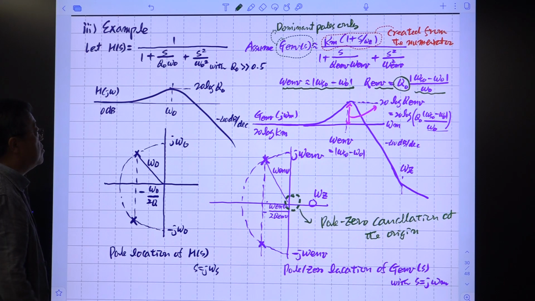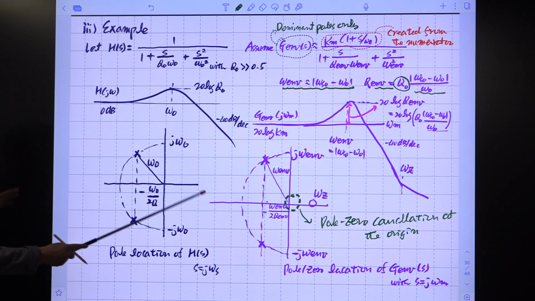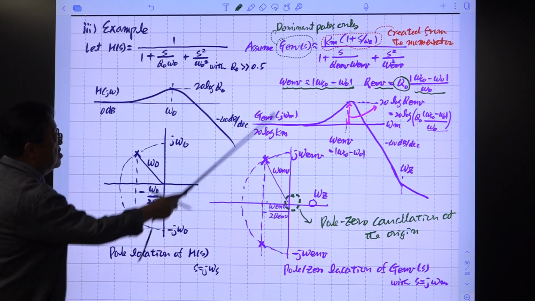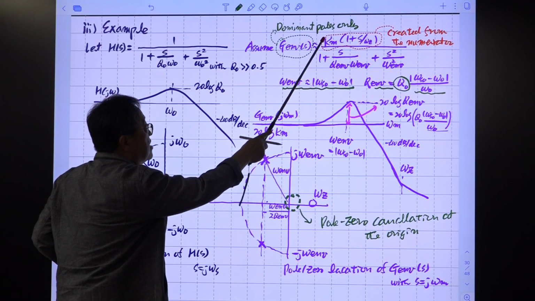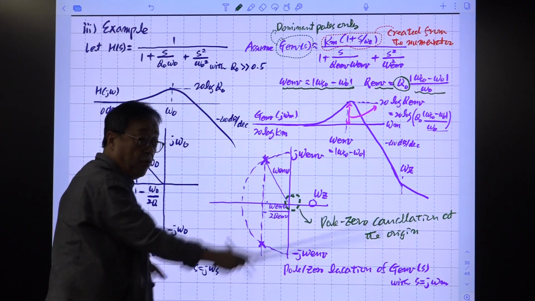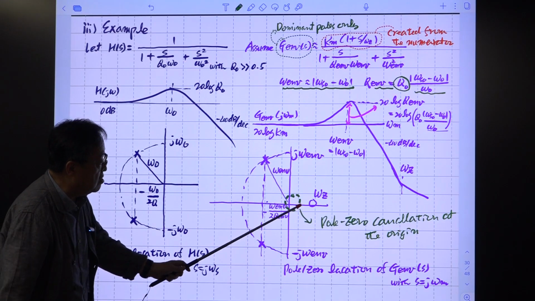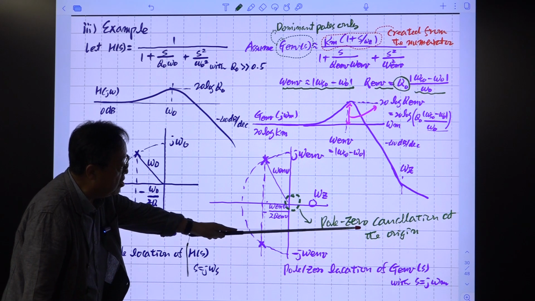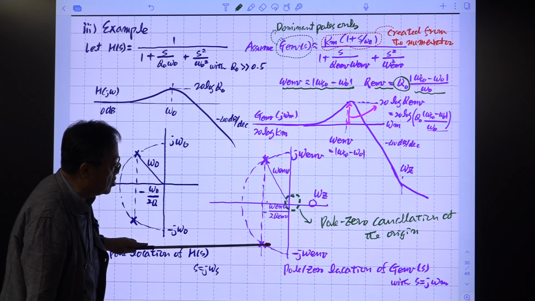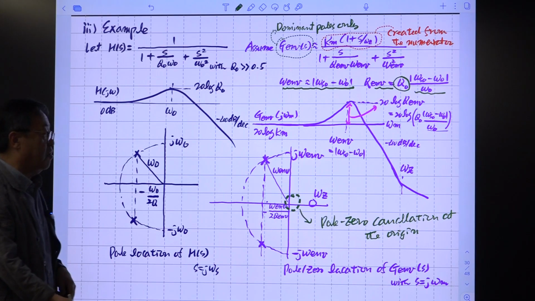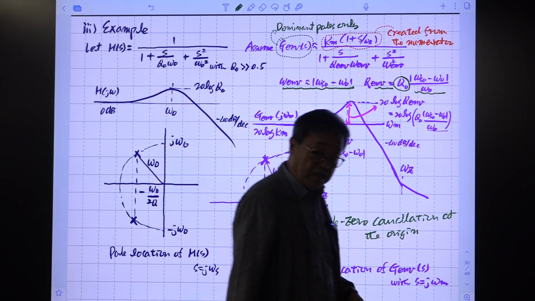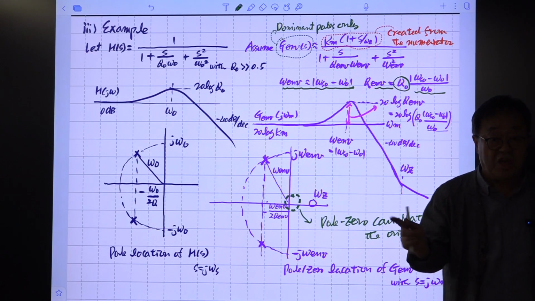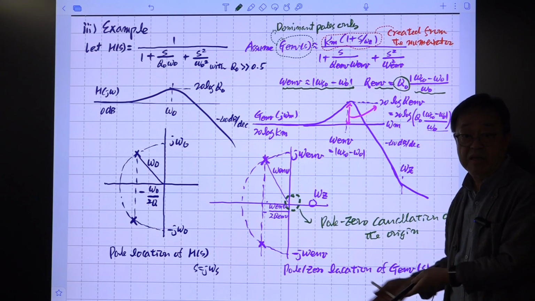Initially we have a zero here, but during this procedure, an additional S term always comes into the numerator, so they cancel. So pole-zero cancellation occurred at the origin. Again, this is the pole-zero location of this G EnB S transfer function in the j omega m plane.